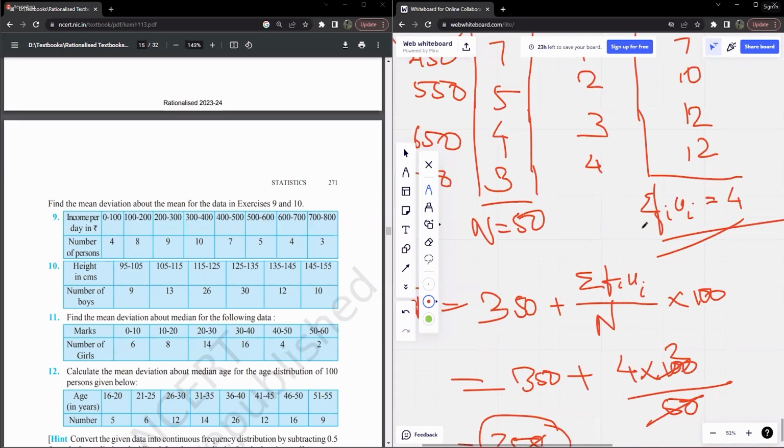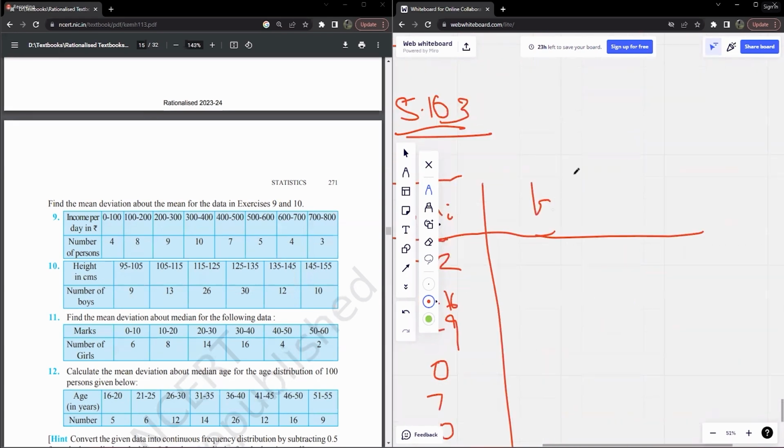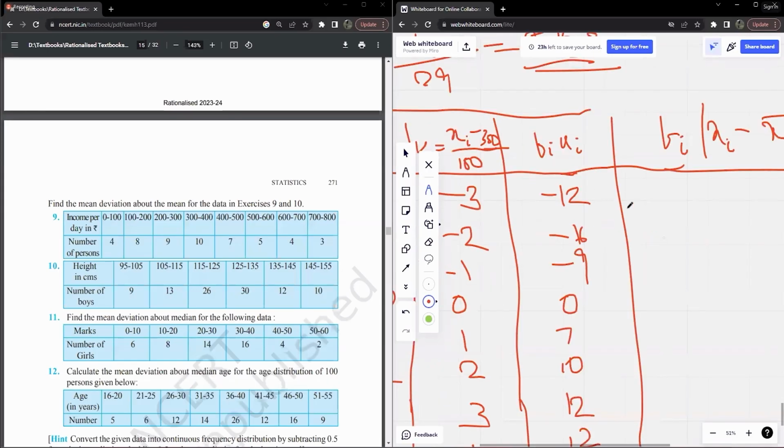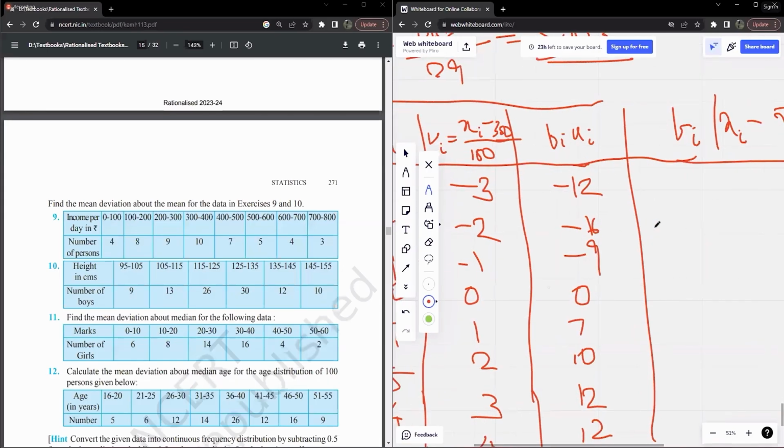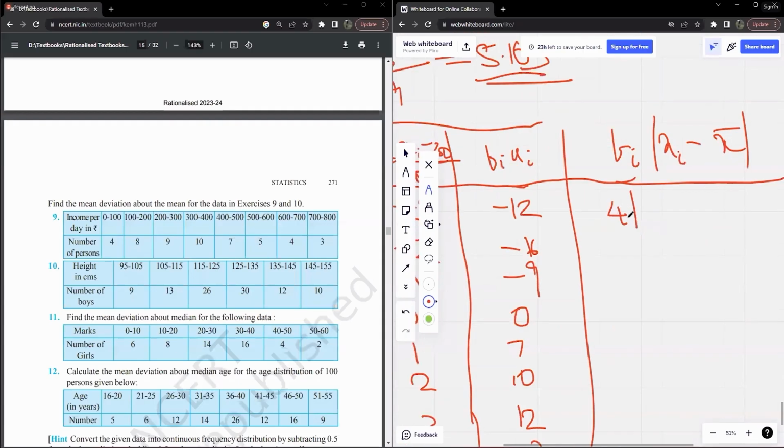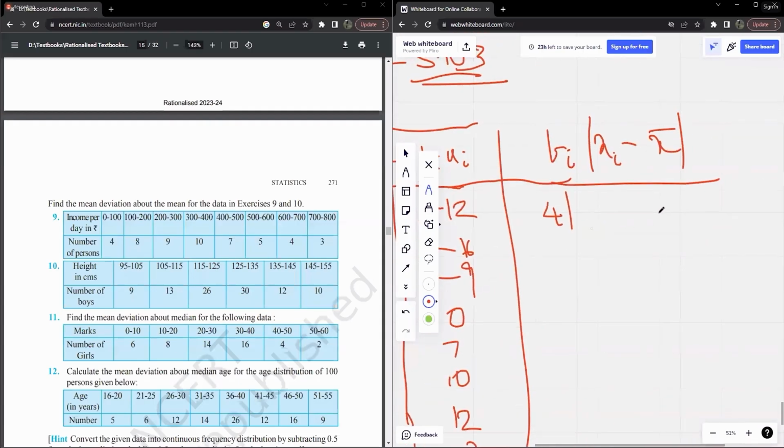And finally, we have fi times mod of xi minus x bar to be calculated, because that is what gives us the mean deviation. So this is going to be 4 into mod of 50 minus 358, right?